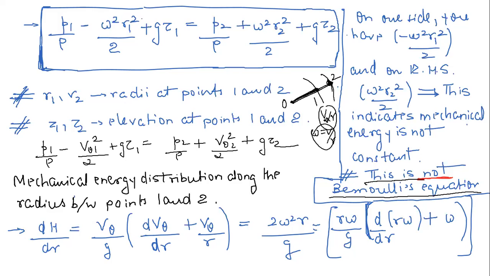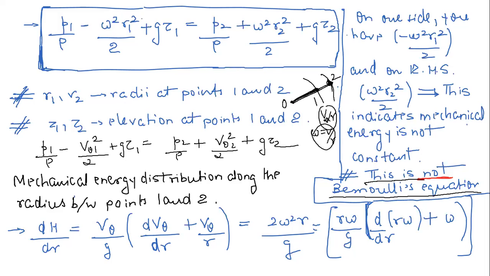In a free vortex flow, if water is passing through a hole in a wash basin, we observe that the water layer on the outside moves slightly slowly as compared to the water layers on the inside. So this is a very beautiful equation. It gives you a real picture of that situation.